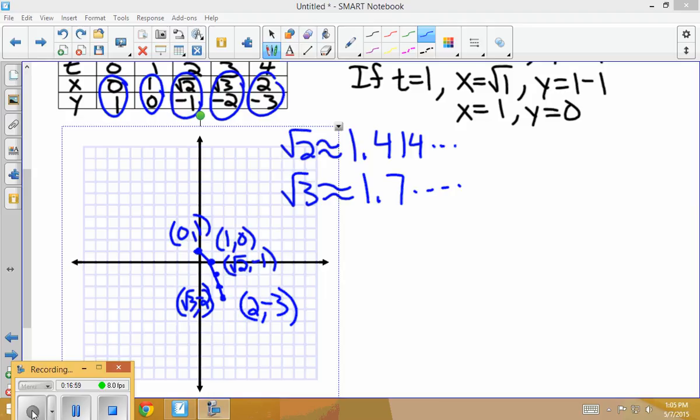Now remember that this x and y depend on the parameter t. And if you're thinking of t as being time, you can think of this curve as a particle moving. And so the particle would start at the point 0, 1 and would travel down the curve this way.